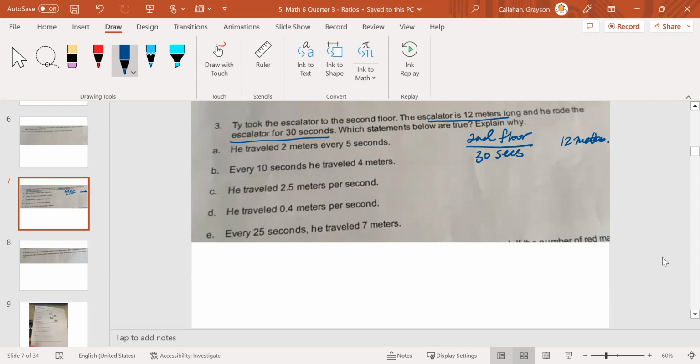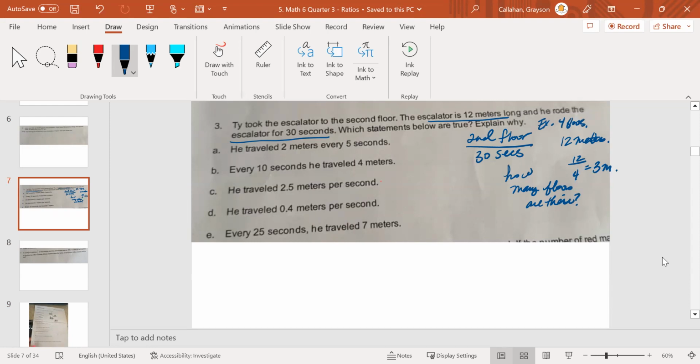Yeah, but the questions just say he traveled 2 meters every 5 seconds. So like you're technically reducing it. I know, but we can't reduce it unless we know how many floors there are. Let's say, for example, there are 4 floors, right? 12 meters divided by 4 is going to give you 3 meters per floor, right?